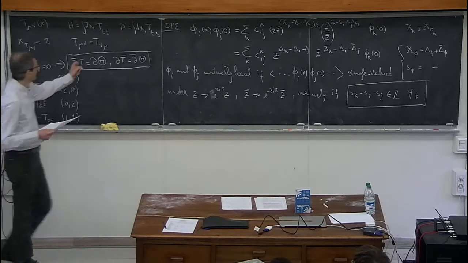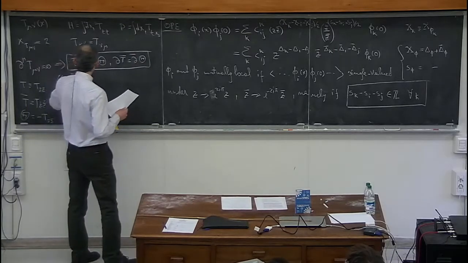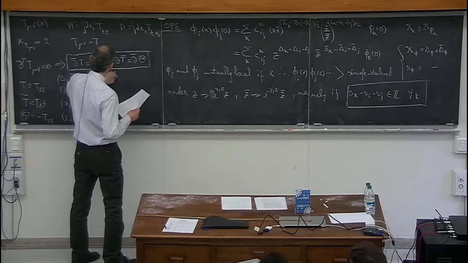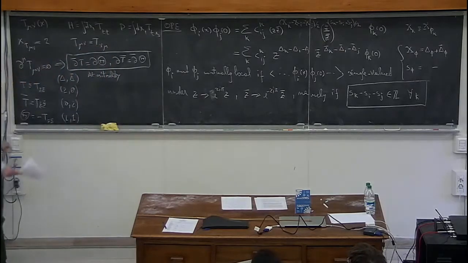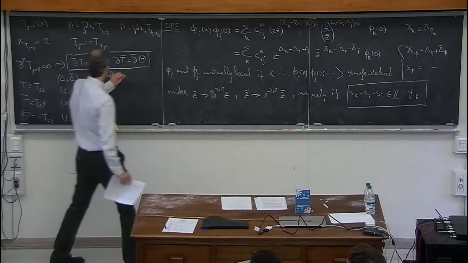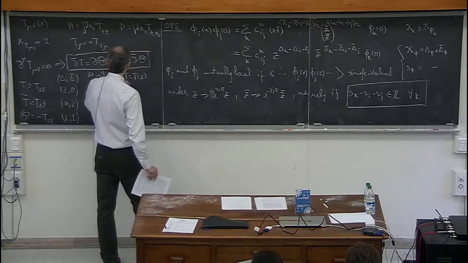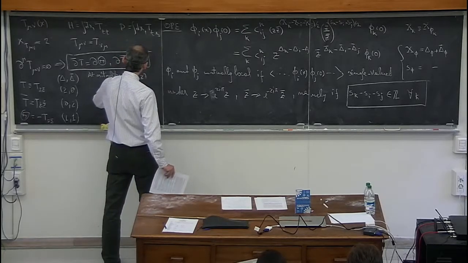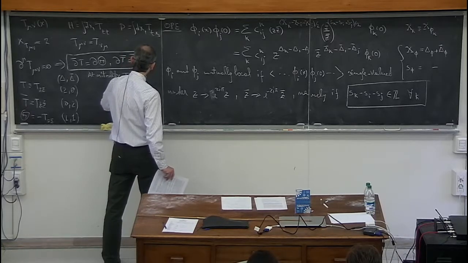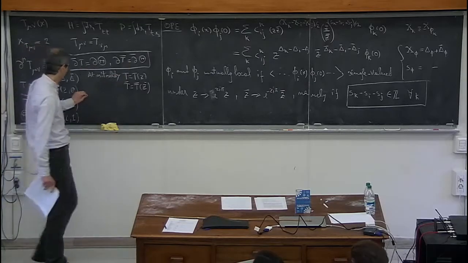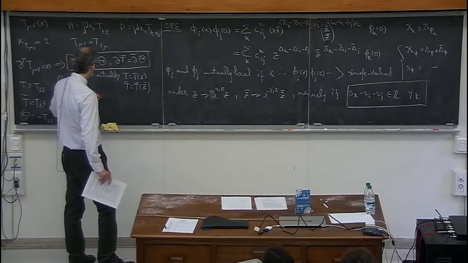Okay, this is in general, but at criticality, so in a scale invariant theory, the fact that we have a 0 here means that T is actually a function of z only. T bar is a function of z bar only. And so this means from this equation that Theta is a constant.